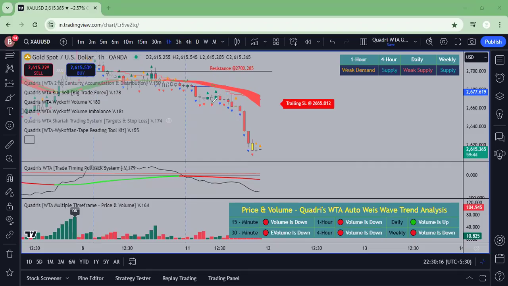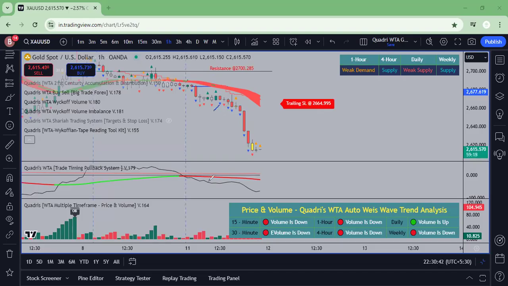Those who have bought this version 155 tape reading toolkit know how this tool works and how it gives you clarity on which side has greater power: either supply has greater power to pull the market downwards, or demand has greater power to pull the market upwards. That is made clear by this particular tool, the tape reading toolkit.